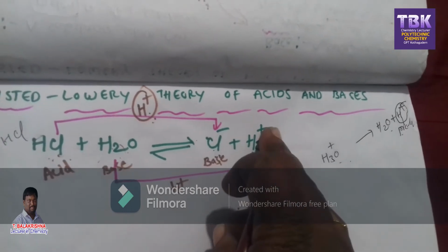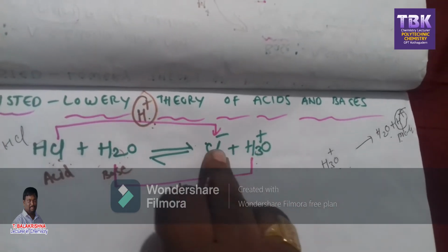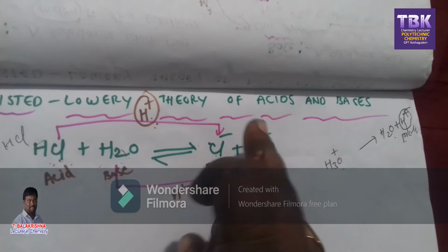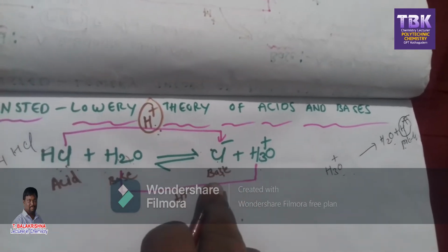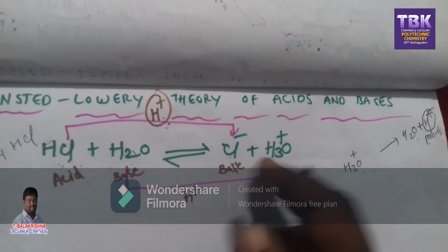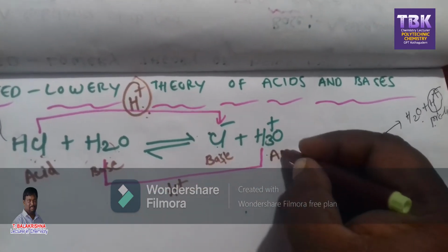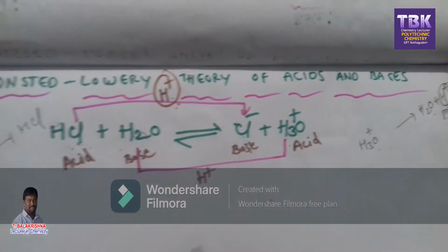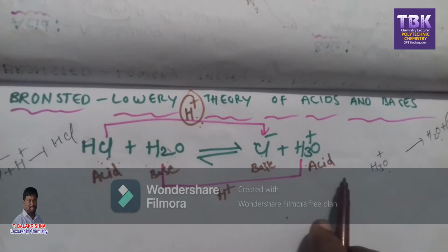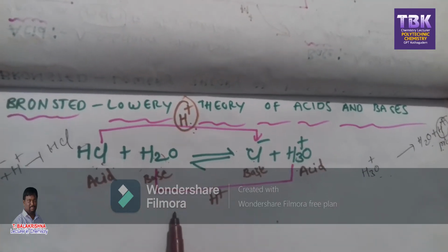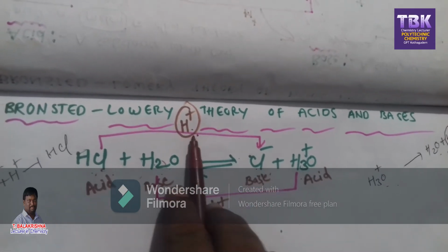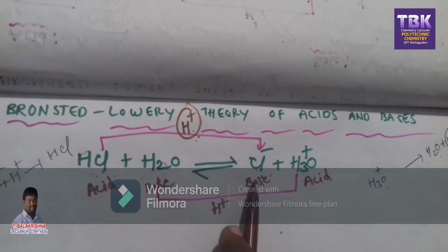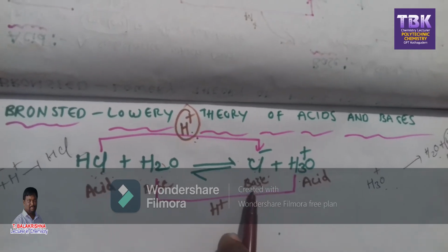Cl minus gains that proton and is converted into HCl. So which accepts the proton is called a base, and which donates a proton is called an acid. When you consider the forward reaction, HCl is an acid, H2O is a base. When you consider the backward reaction, Cl minus accepts the proton, so Cl minus is called a base.